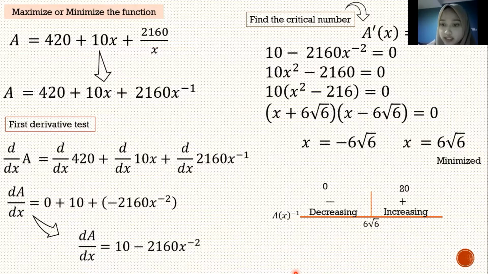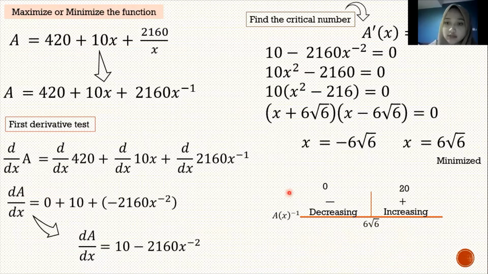So we make this table so that we can do two intervals, where the left part is for values lesser than 6 square root 6, and the right part is for values greater than 6 square root 6. We can put any value, so I choose 0 and 20 here.